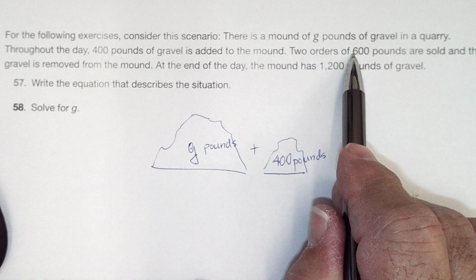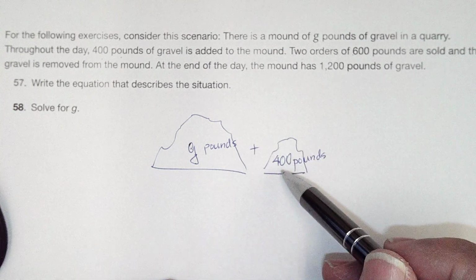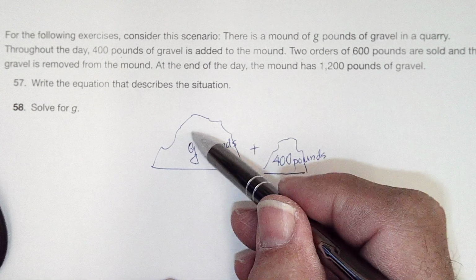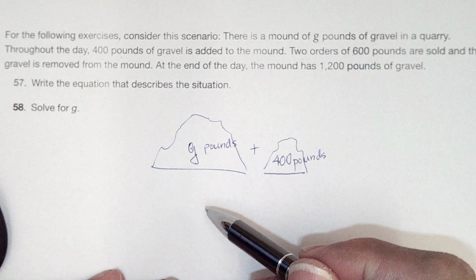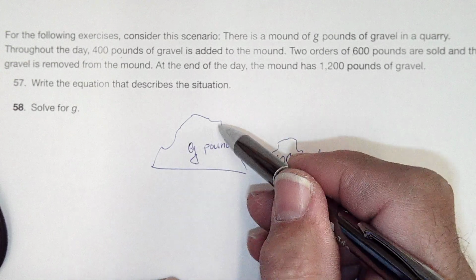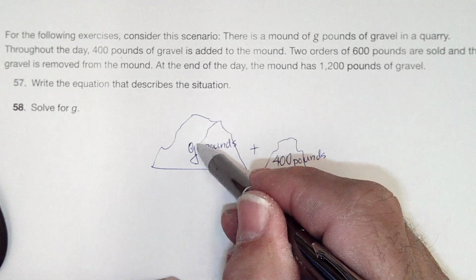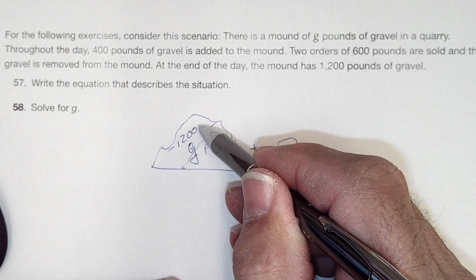But also there's 2 orders of 600 pounds. Well, there's not enough in this mound, so I'll just assume we're taking 2 orders of 600 pounds. So that's 600 pounds and another 600 pounds, or if you will, 1,200 pounds are going to be taken away.